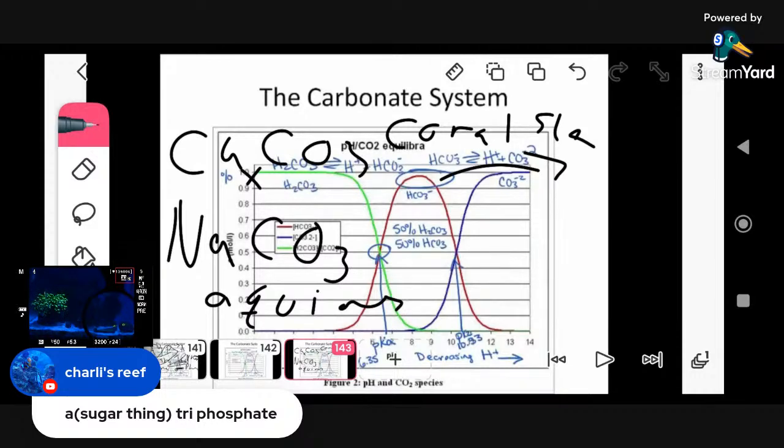Liquid salt is not the same as salt dissolved in water. Dissolved in water, we call it aqueous. So liquid salt and salt dissolved in water in aqueous form are two different things, if that makes sense.